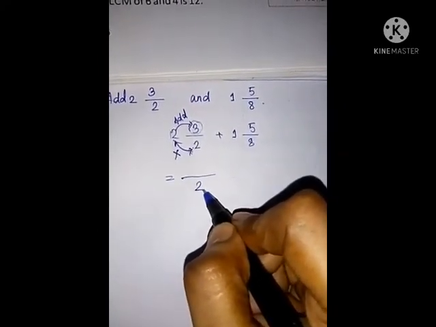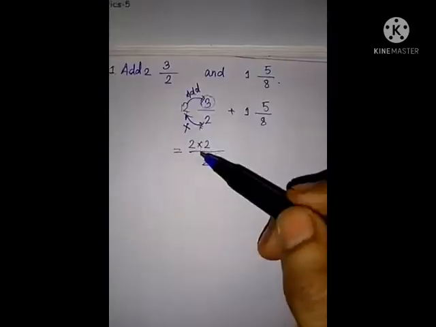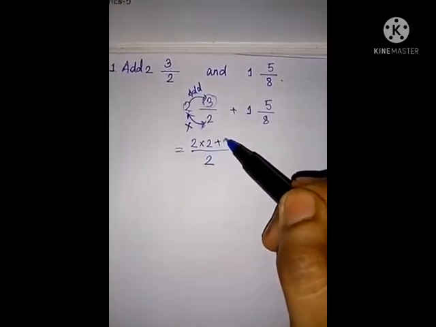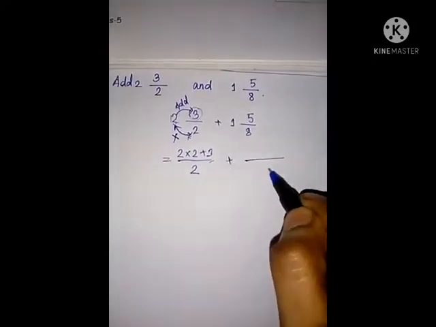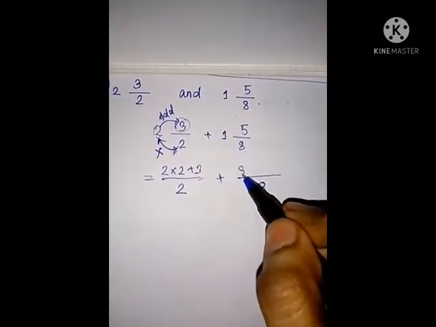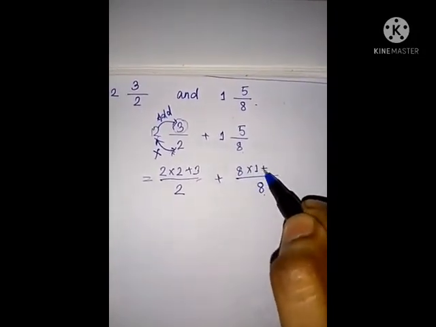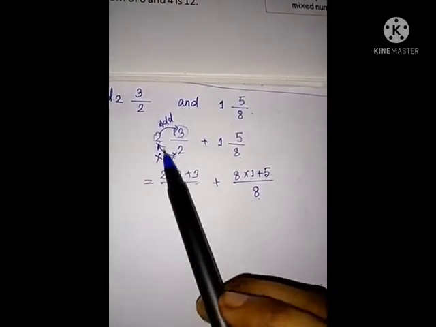the denominator remains the same, and now we are going to multiply these two. After multiplying this, add that 3, and the same, write this denominator the same, then 8 into 1 plus 5. Okay, remember this step.